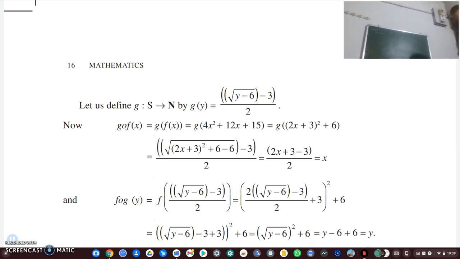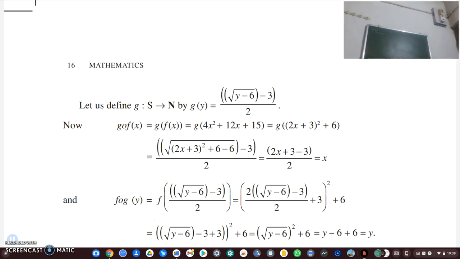So as we were talking, we have taken an example, f(x) equal to x square plus 1. It's very simple, f(x) equal to x square plus 1.